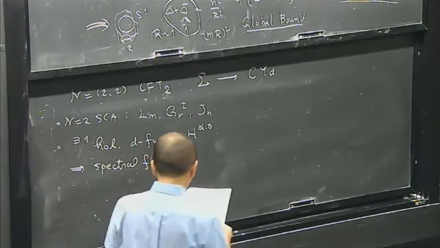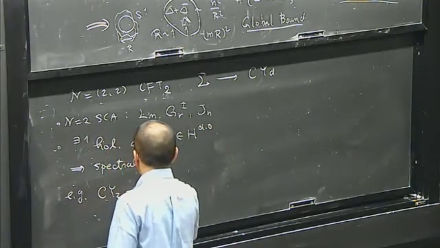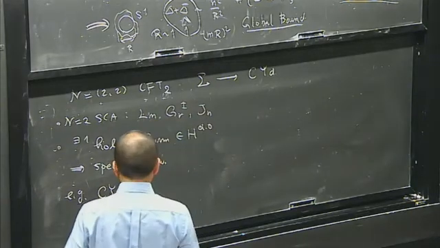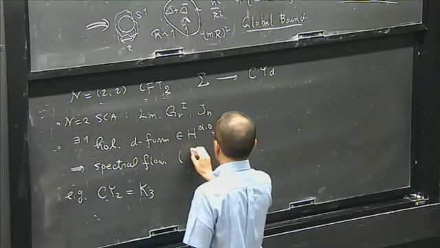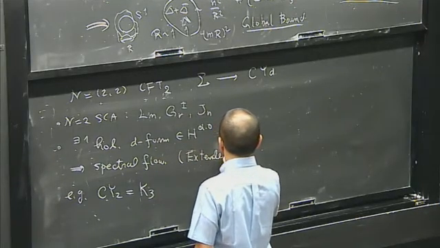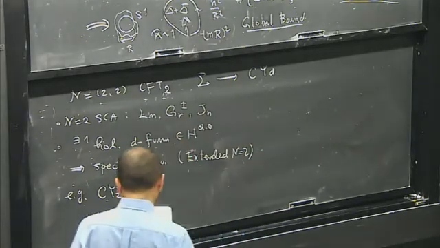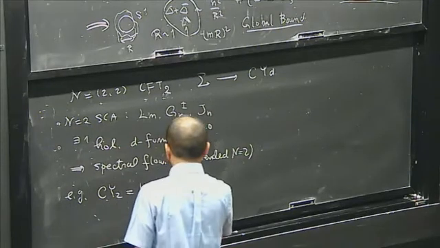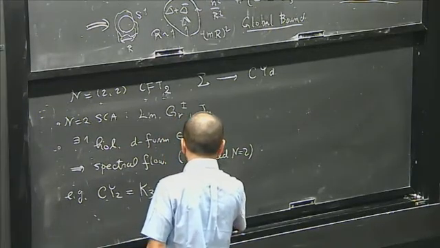For example, if you have a Calabi-Yau twofold, which is K3, then we call this the extended N=2 algebra by adding this additional operator. In this case, the extended algebra is called the N=4 superconformal algebra.